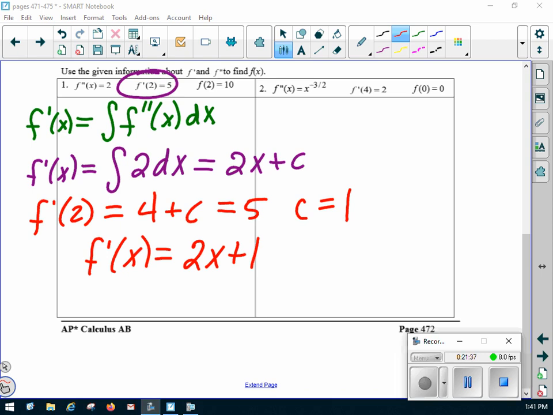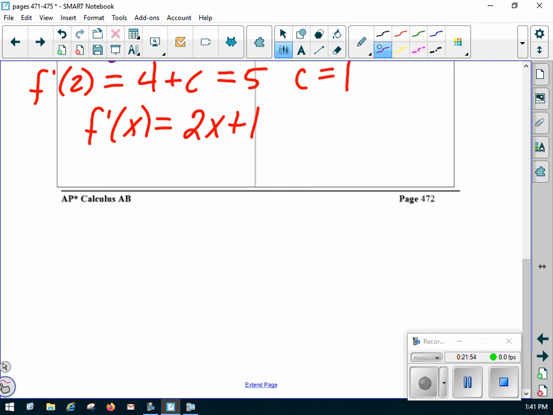Are you with me so far? So now I know what f prime of x is. How do I find f of x? Well, I take the antiderivative or the integral. So what I know then, f of x, and you need to put your notation. You put f of x equals the integral of 2x plus 1 dx.